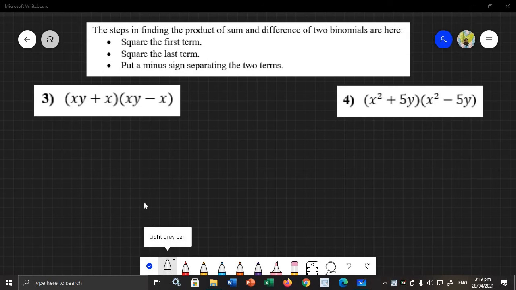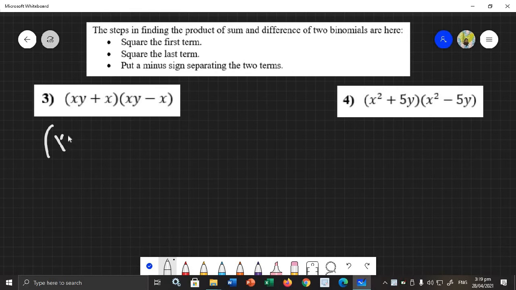Next, for example number 3, we have quantity xy plus x times quantity xy minus x. Again, applying the steps for the sum and difference of two binomials, we need to square the first term, which is xy. Applying the power rule in the laws of exponents, we distribute 2 to each variable here. So we have x raised to the second power, y raised to the second power.